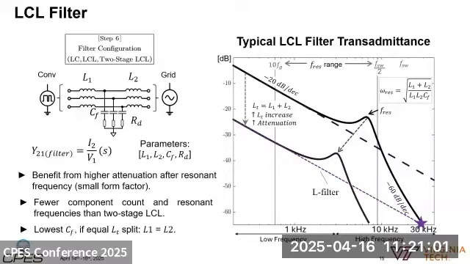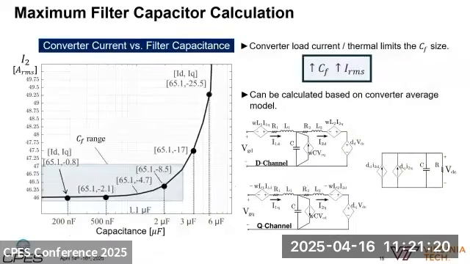And you can see here the reason why we aim for the LCL: at that frequency, for example 30 kilohertz, for the same attenuation, with a single L filter we will use a much larger inductance, and with LCL we can benefit from a smaller filter.